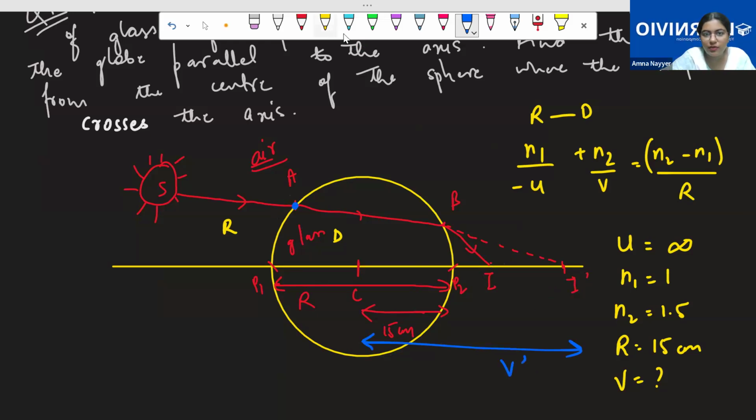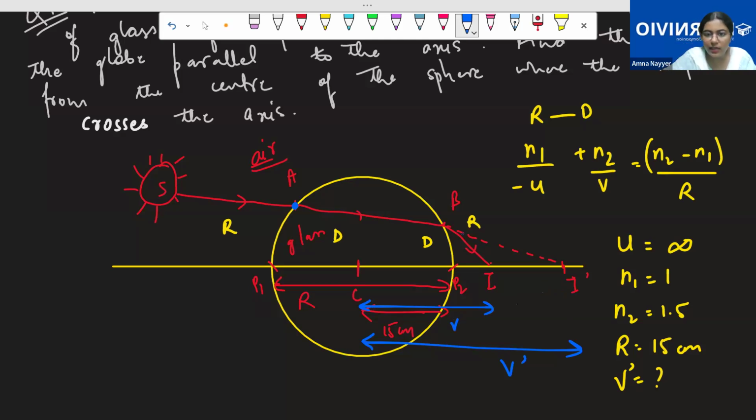And then you use the same formula for denser to rarer, from here to here, to calculate this distance. That is your V. And then you subtract to see where it crosses the axis or whatever is asked in the question.